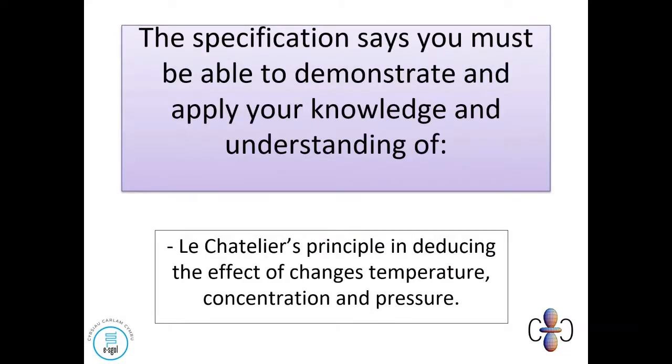Now the specification tells you that you must be able to demonstrate and apply that knowledge, and it's underneath that statement of Le Chatelier. Le Chatelier's principle has to be used in deducing what effect temperature, concentration, and pressure will have on a system.